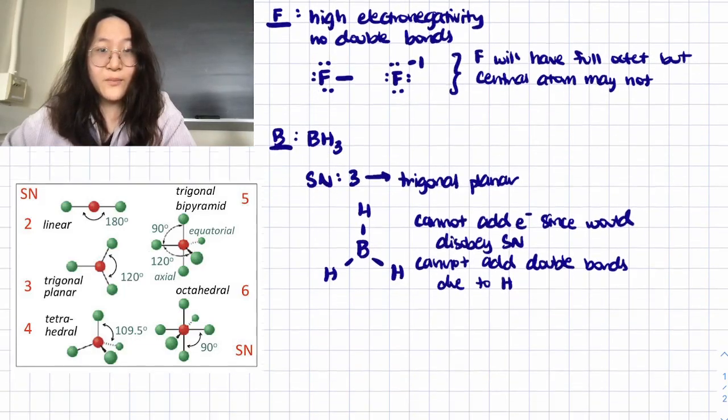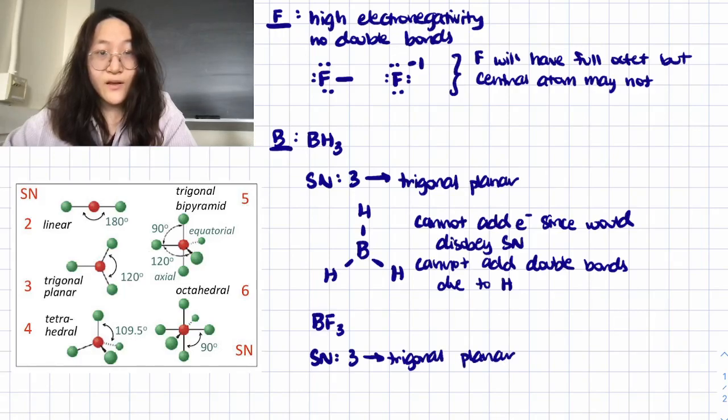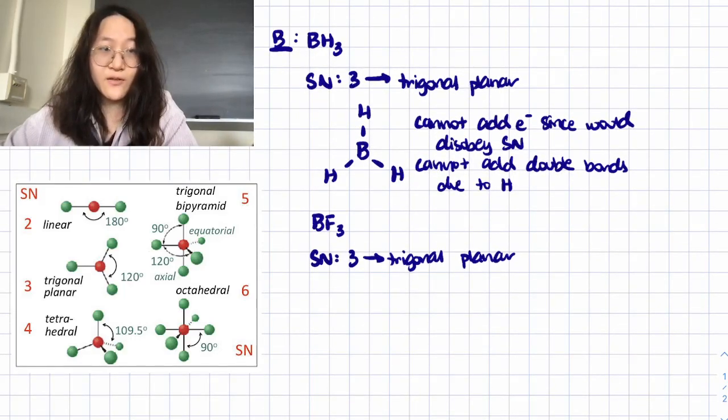So now let's talk about BF3. If you remember, we just talked about how fluorine also only forms single bonds. And so it's very similar. Once again, we have a steric number of 3, which means that we have a trigonal planar structure. And so we'll place boron in the center with 3 fluorines around it with 120 degrees each.